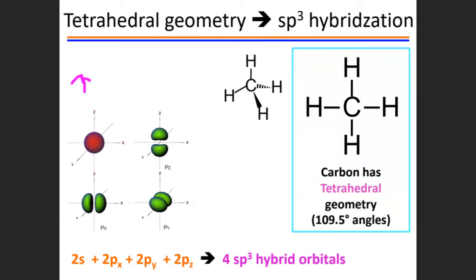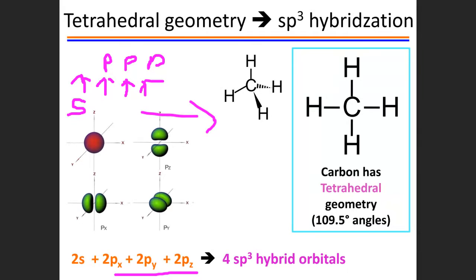1 s and 3 p. 1, 2, 3. Correct? This is sp3. So we have 3 p: px, py, pz.